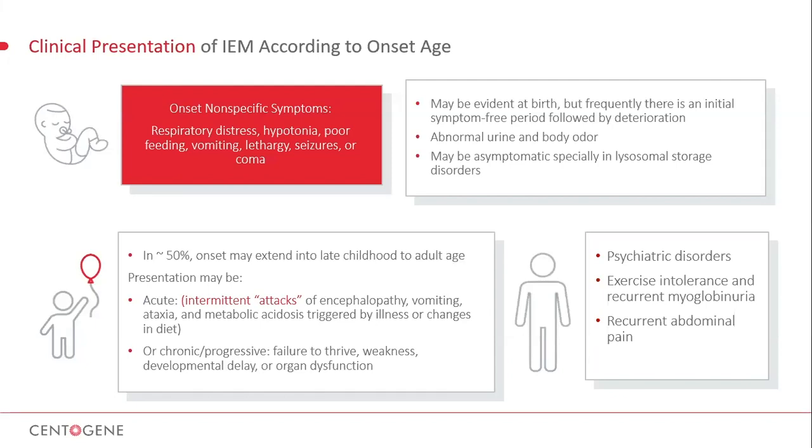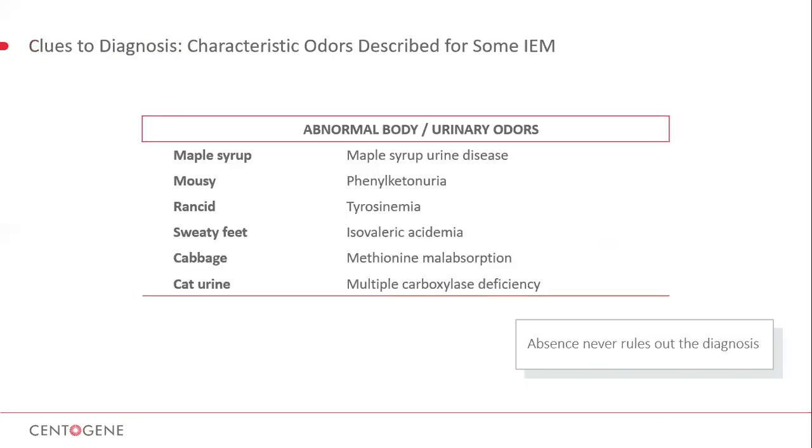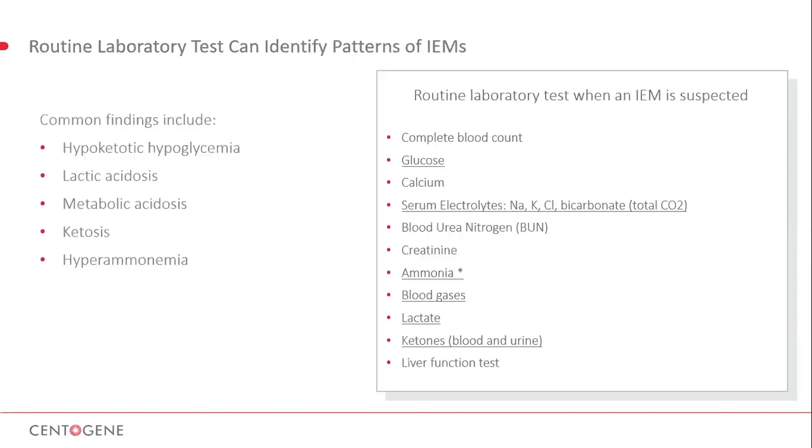And in adult presentations, psychiatric disorders have been frequently reported. Now, this list exemplifies some of these characteristic smells that are reported. Maybe the most famous one is the maple syrup smell in maple syrup urine disease.